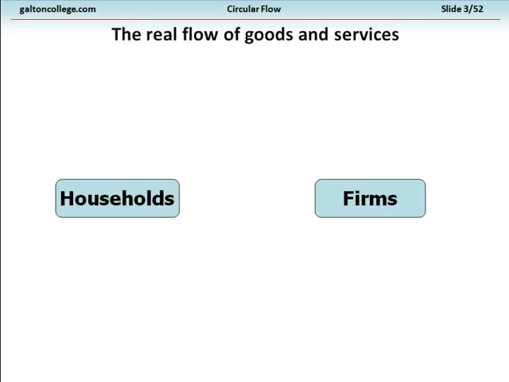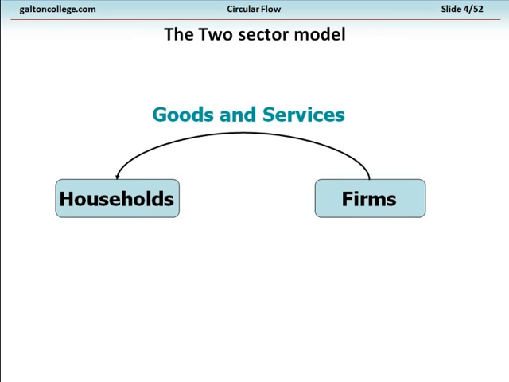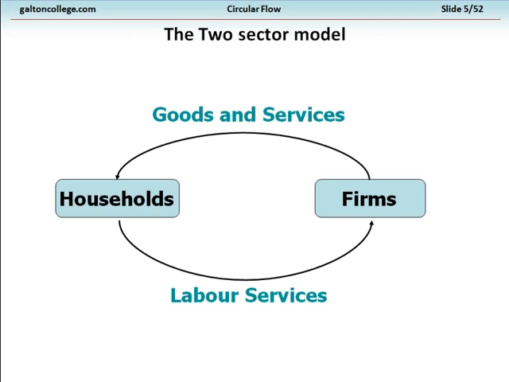So in our two-sector model, two sectors, households and firms, just the two, we have a flow of goods and services from the firms to the households. So the companies, the firms, make things and give them to us. That's the picture we've got at the moment. We get the goods and services from the firms. Of course, we give our labour to the firms in return.